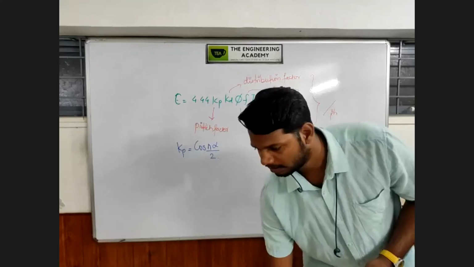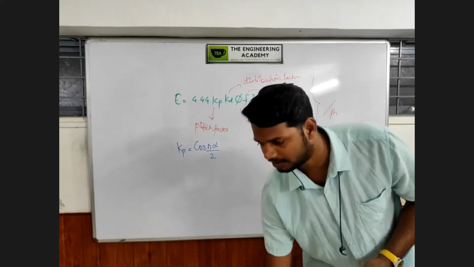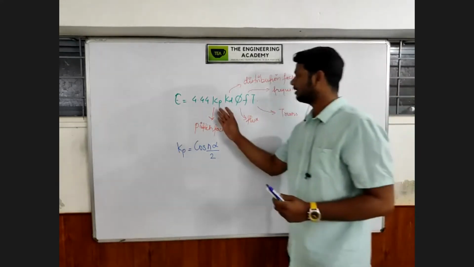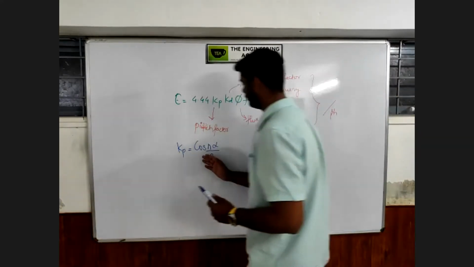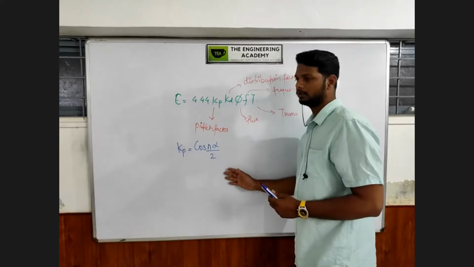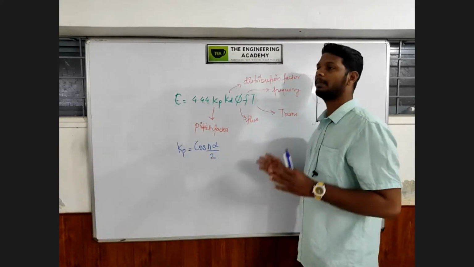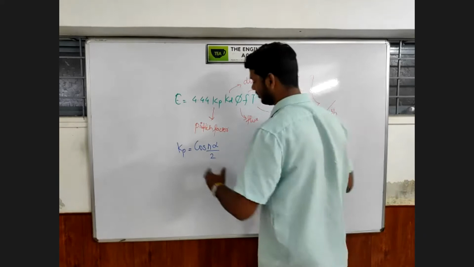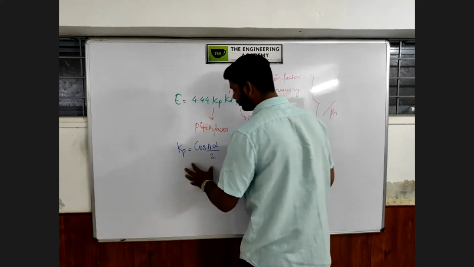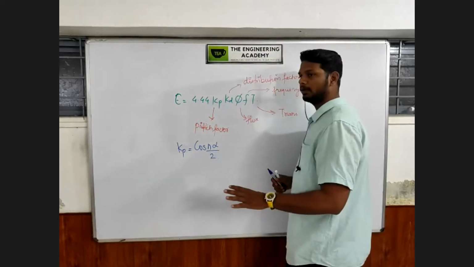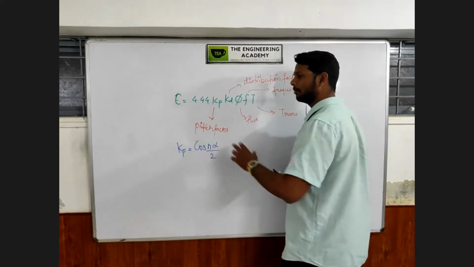Okay, now we will continue our discussion. For the pitch factor Kp, the formula is cos(n alpha / 2). Many questions were asked on the pitch factor. So what do we mean by n? n represents the harmonic.